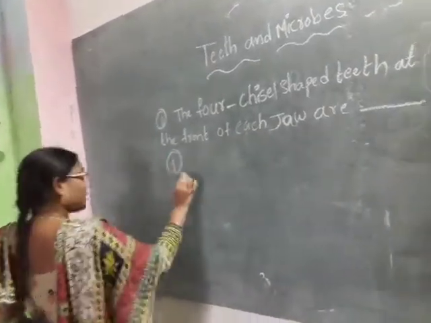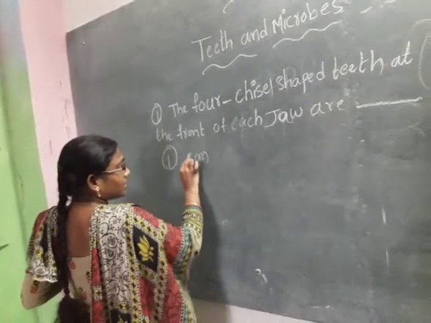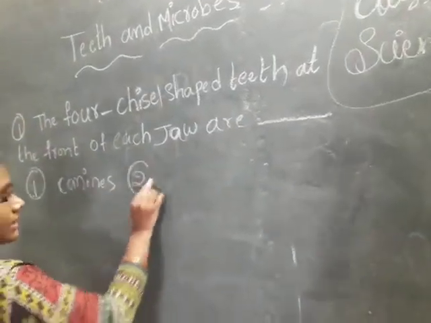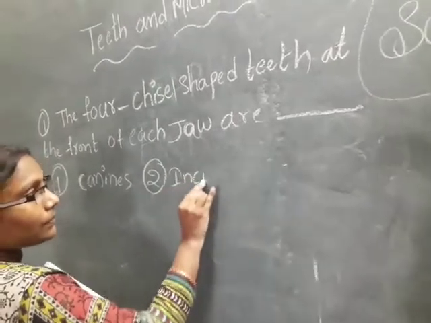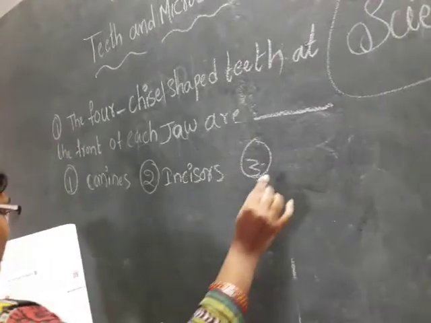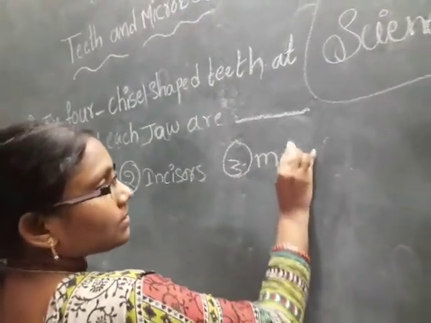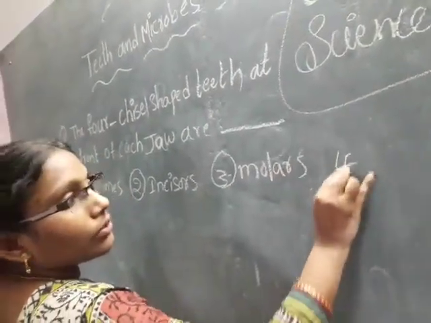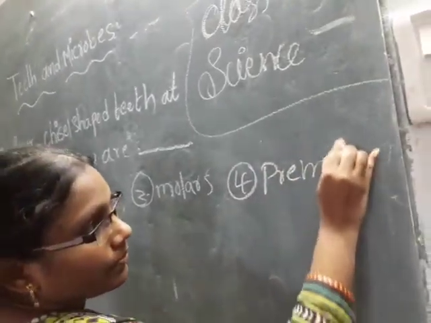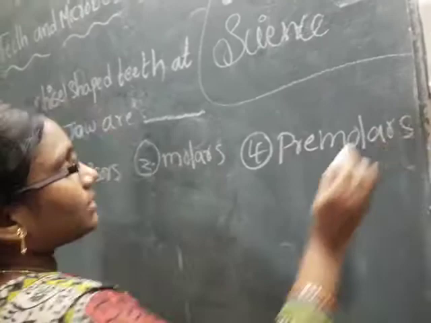Options: canines, incisors, molars, and fourth one, premolars. Incisors.